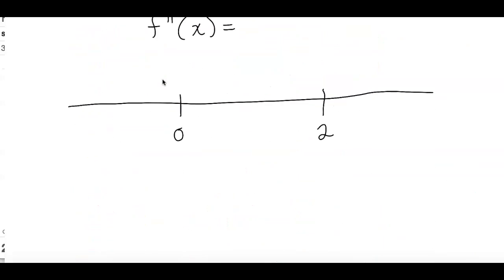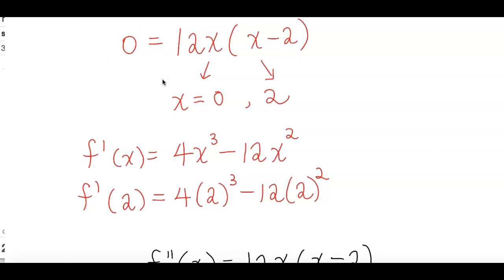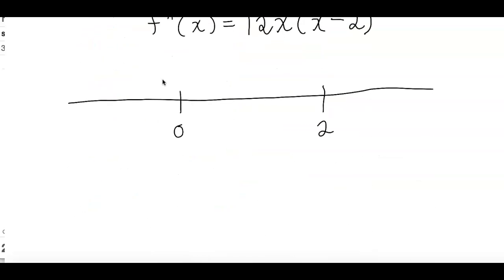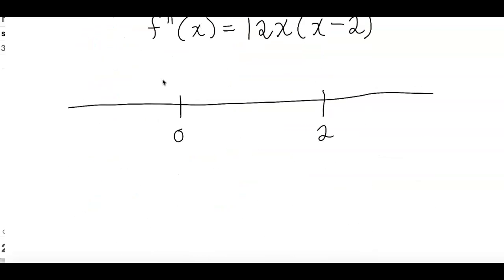12x times x minus 2. Why am I writing the second derivative? Because I am about to check the signs now. I will plug in a number that is smaller than 0 into the second derivative.